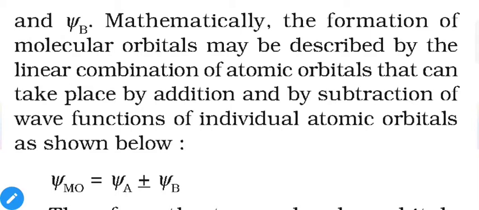So as mentioned earlier, we have two different hydrogen atoms A and B. For A, we will consider psi A as the wave function, and for B, psi B is its wave function. So when these two orbitals combine with each other, either by subtraction or by addition, they will produce molecular orbitals. Okay, so simple subtraction or addition will give us molecular orbitals as shown below.